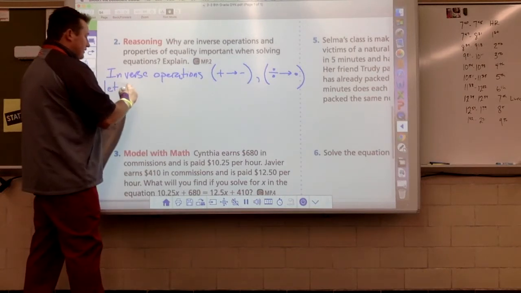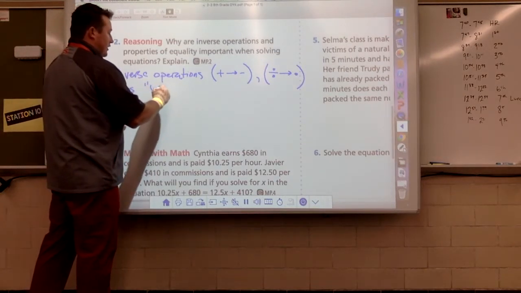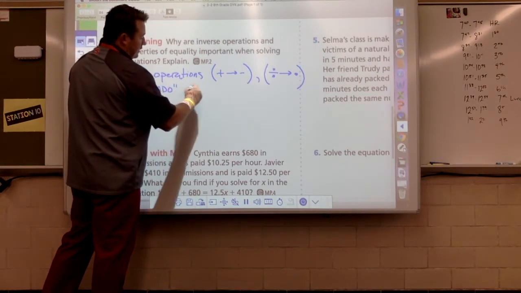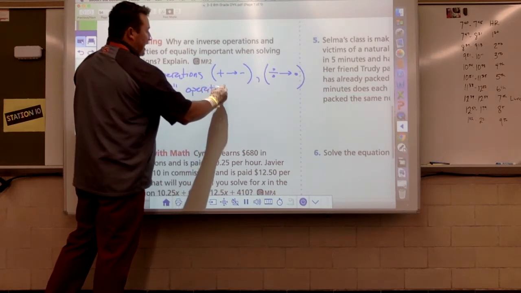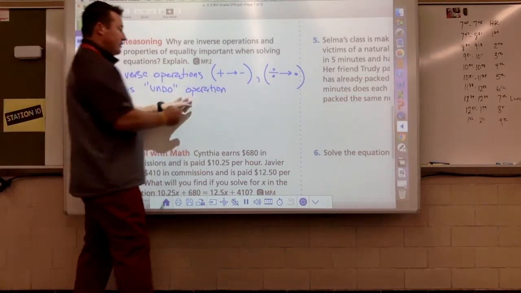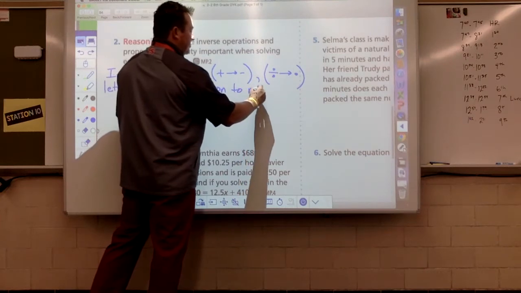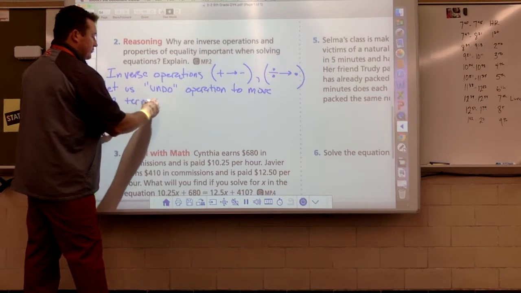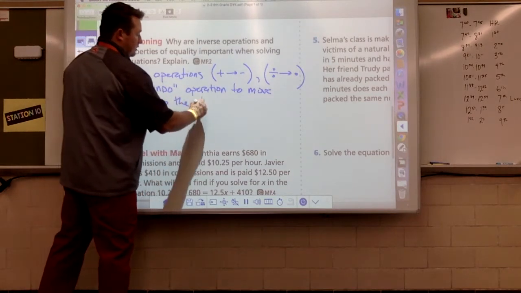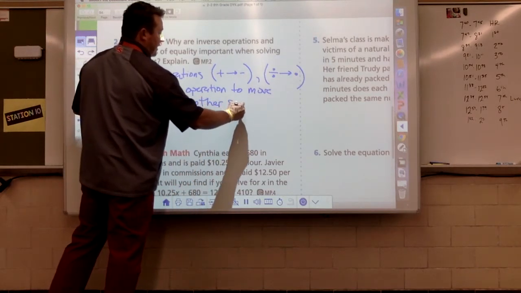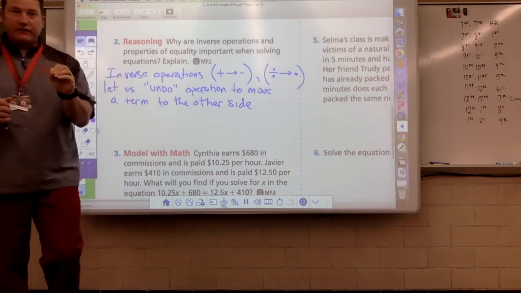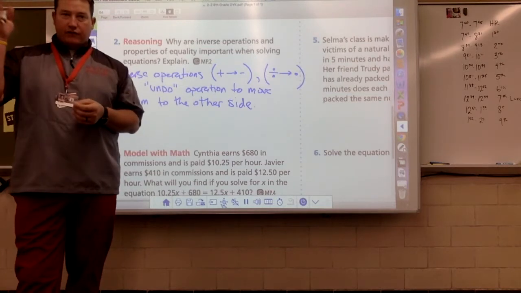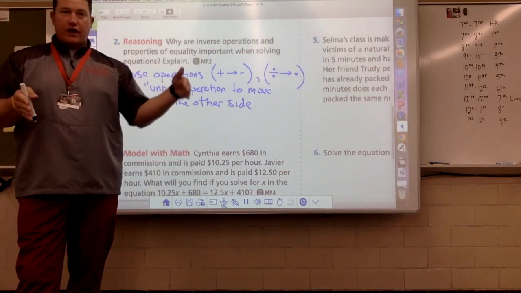They basically let us undo whatever operation is being done so that we can move a term to the other side. Okay? So guys, this lets us move a constant term or a variable term from one side of our equation over to the other side.